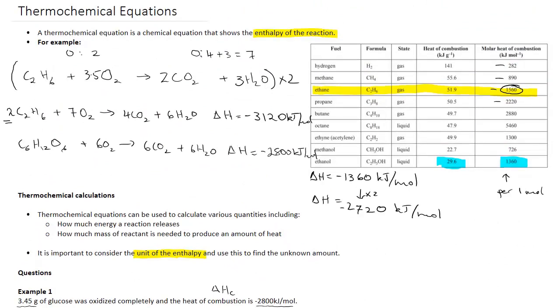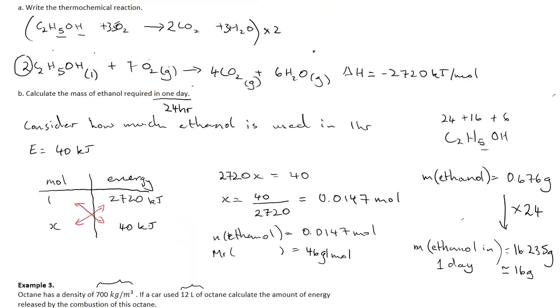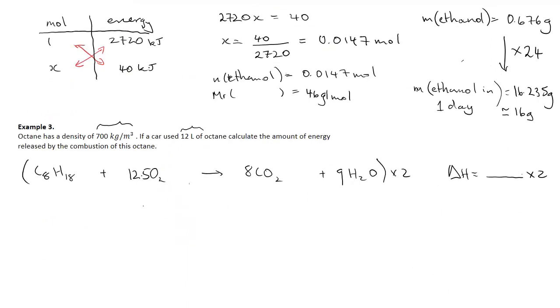So we can see that it's 5,460. So that's minus, and we're doubling it.